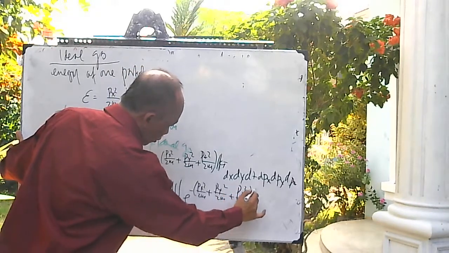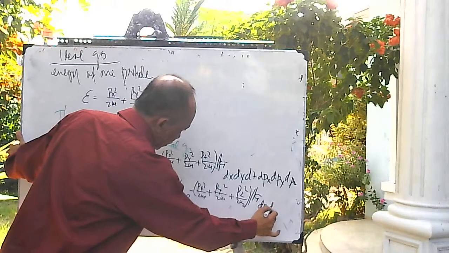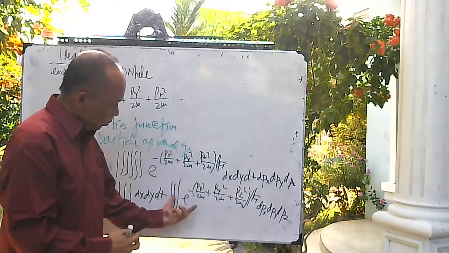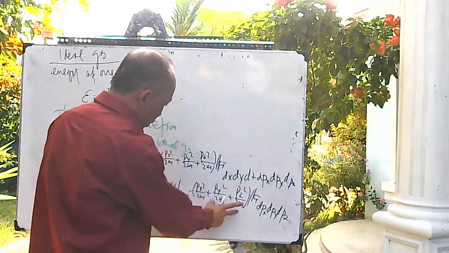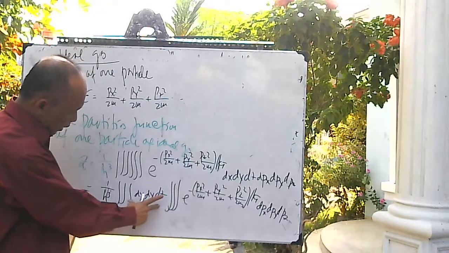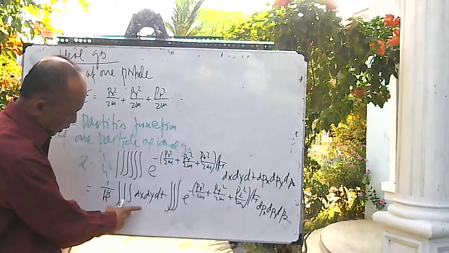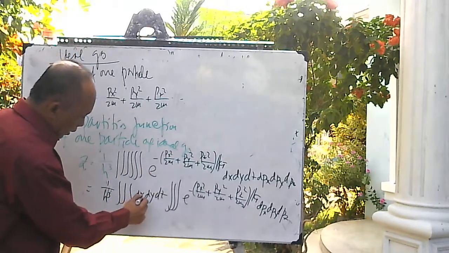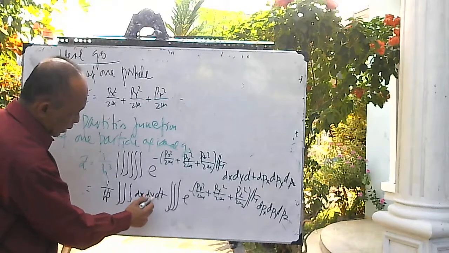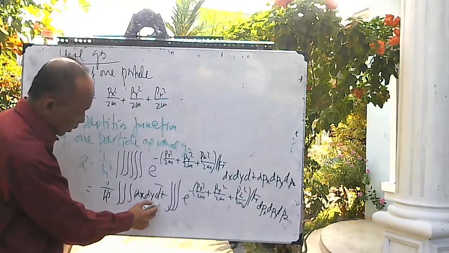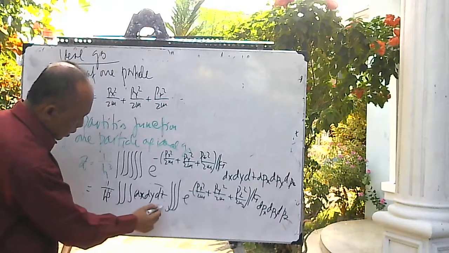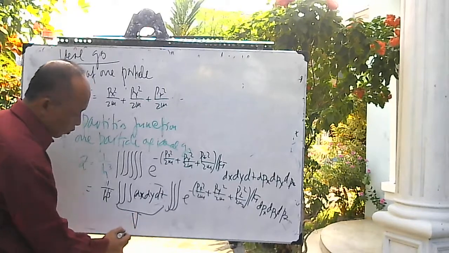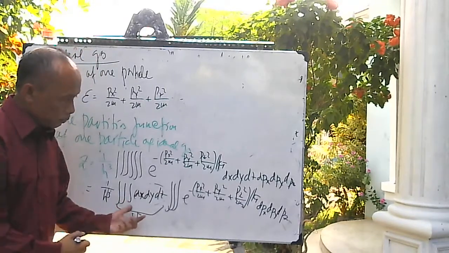Only momentum will come together with this expression, and the spatial part can be separated into a three-fold integral over x, y, z. This is the volume element in spatial coordinates. If we integrate these three-fold, we will have the volume of the gas.